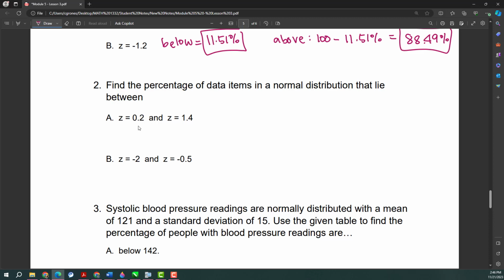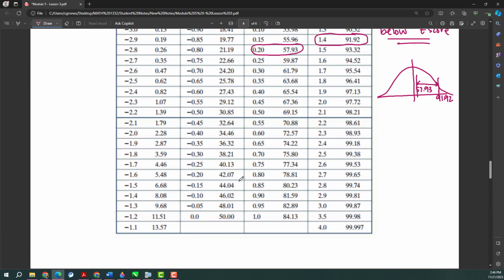So for 91.92 minus 57.93, we should get that the percent between is 33.99%.